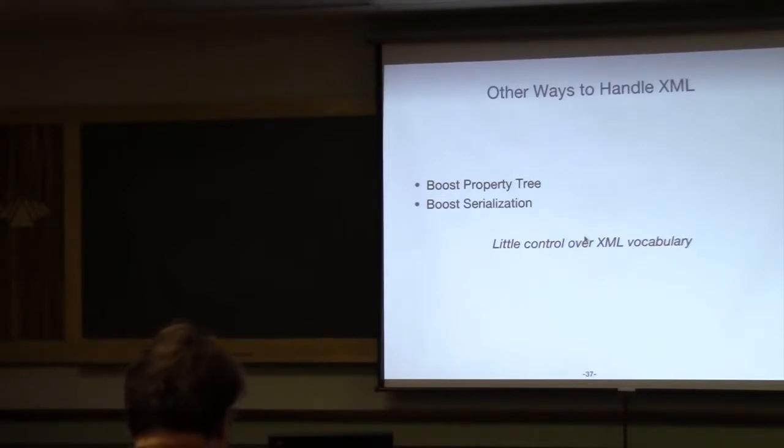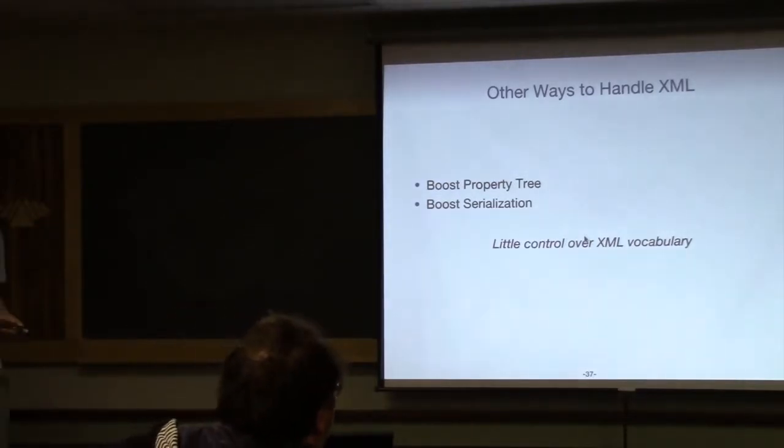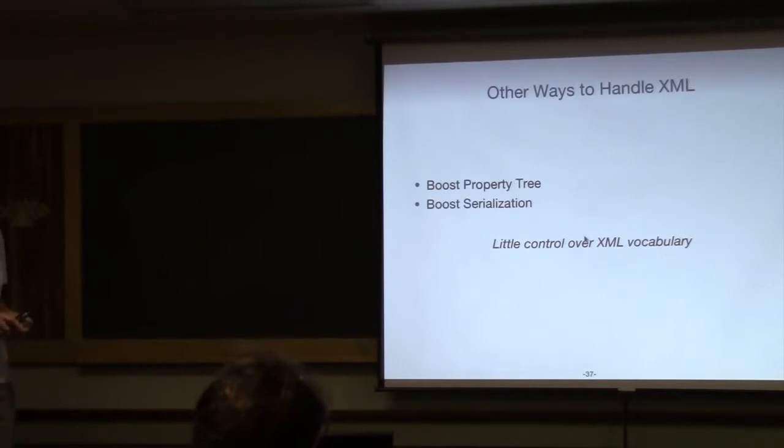Question, yes? Just as a comment, I would say that arguably, Boost Serialization can have an archive type written for it that would customize it. But I would say that it's a non-trivial thing. In other words, obviously there's an out-of-the-box XML that's supported, but that doesn't mean your application has to be limited to that.